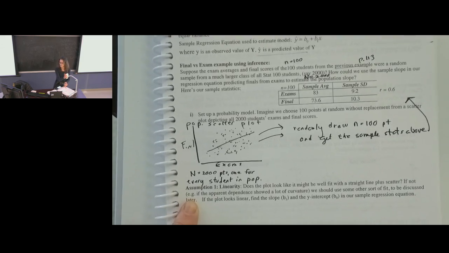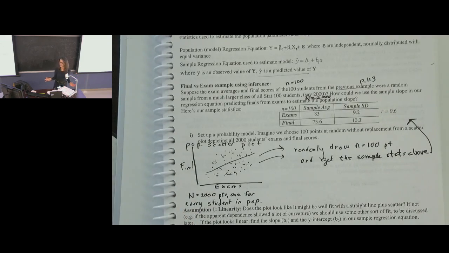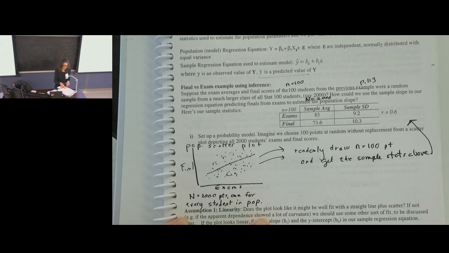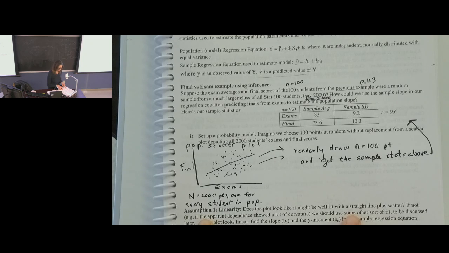So now what do we do? Let's say we really did this, we drew. How do our assumptions fit in? Well, first we look at our sample plot, the one we just saw, and see if it would fit like a straight line with scatter.